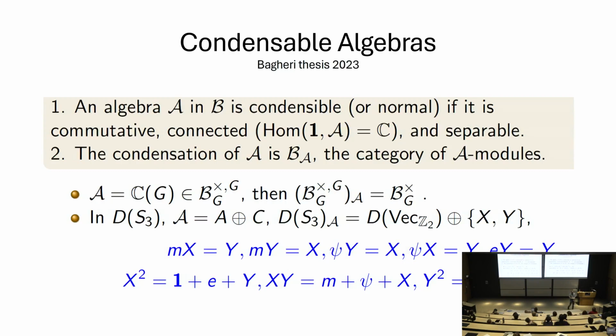And the most important example for you to keep in mind is the following one. You take the double of S3, and that's an anyon model of rank 8. And normally I label the 8 anyons A, B, C, D, E, F, G, H. Not very creative. And A, B, C is the representation of S3.